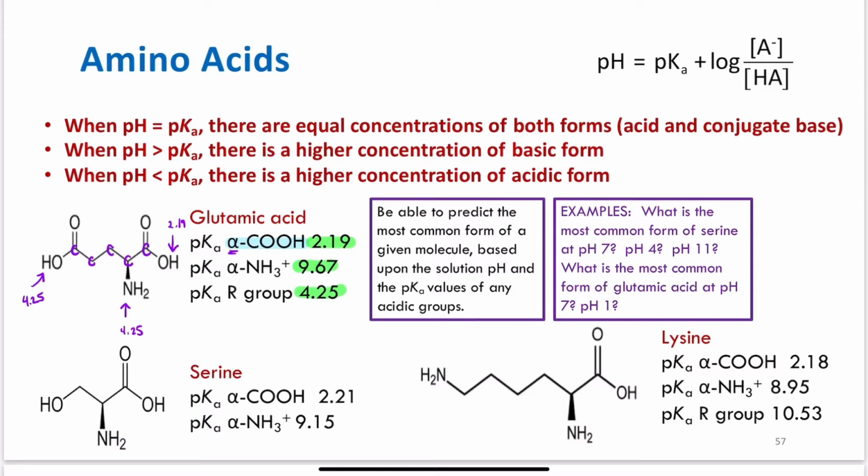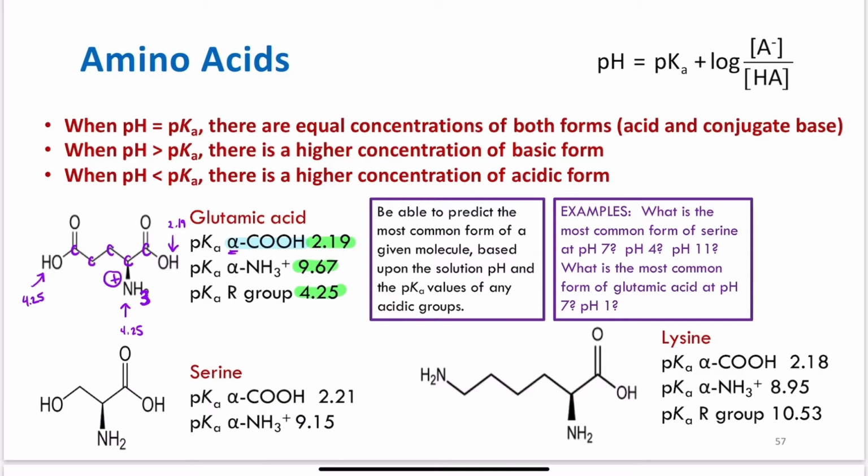Now, why do I have NH2 written, but it says NH3 plus? It is a weak base. If the pH is low enough, there's a lot of extra protons floating around. That nitrogen has a lone pair. That nitrogen wants a proton if it can have it. So if the pH is low enough, this is going to have a proton around it, and this will actually be NH3 plus, even though we don't identify it that way in the base structure.